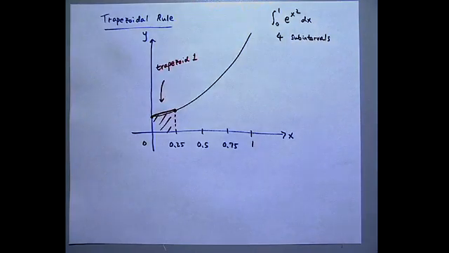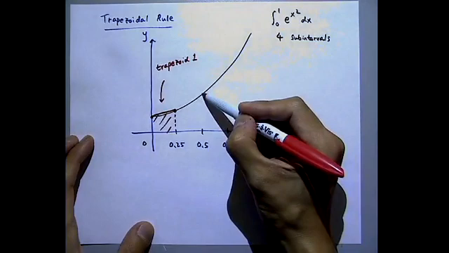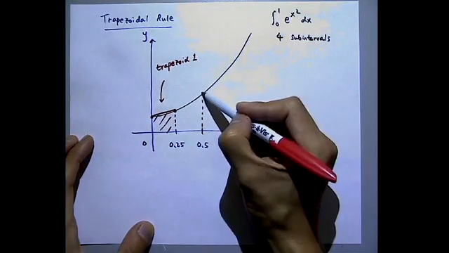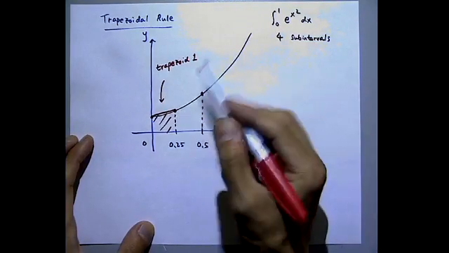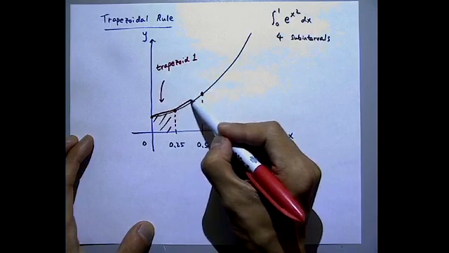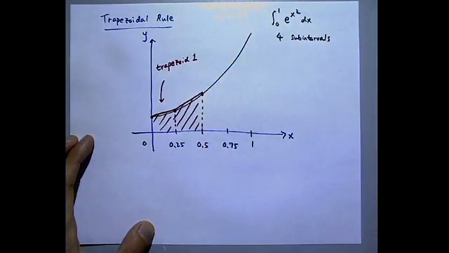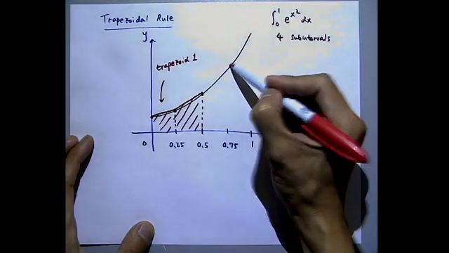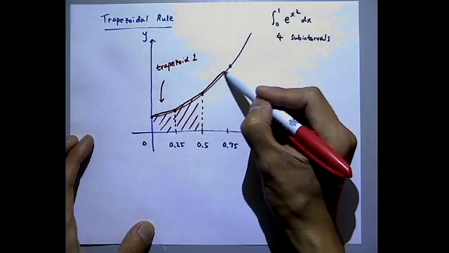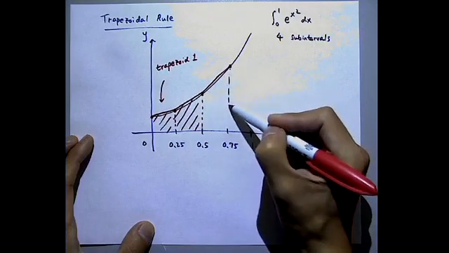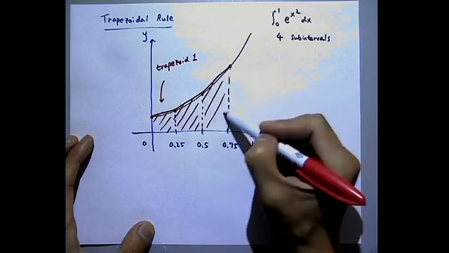That's the first trapezoid. Same thing with the second one. You look at the point at the beginning and the end, draw a straight line across, and that's our second trapezoid. And so on.